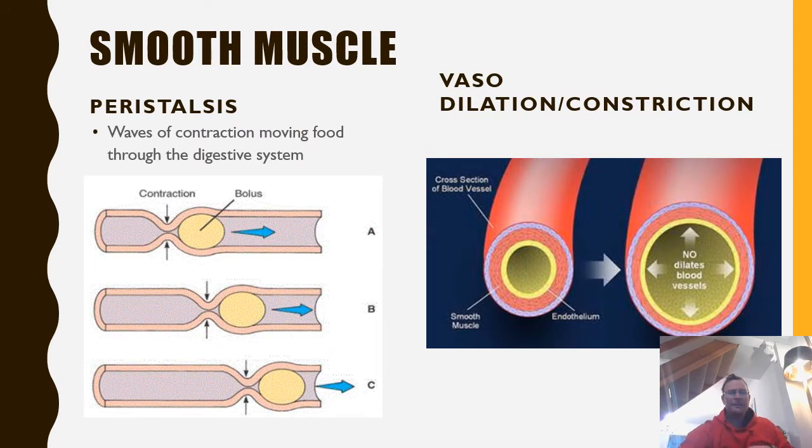So here we've got two actions of smooth muscle in the body. On the right hand side, I've got a blood vessel. Think of when we warm up, we're asked to do some exercises.